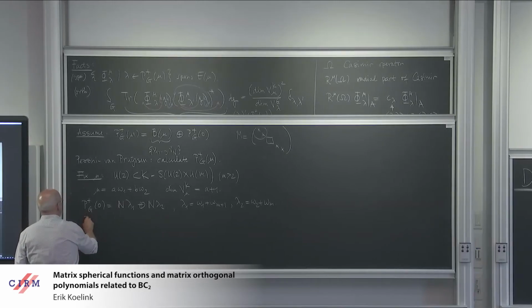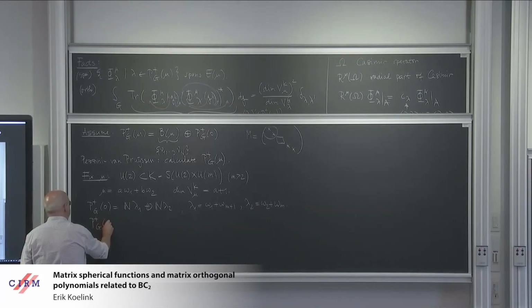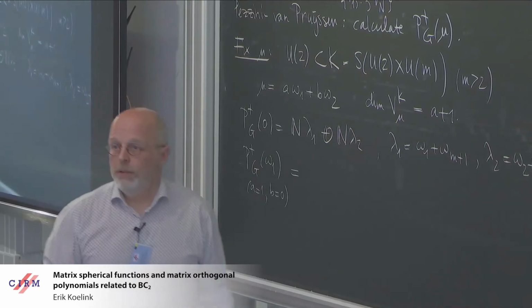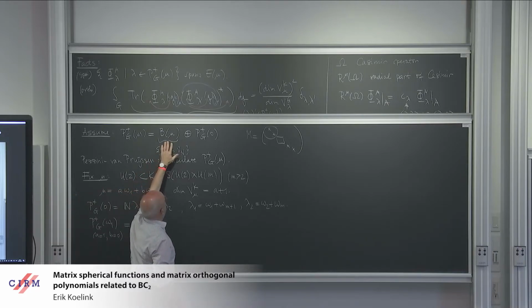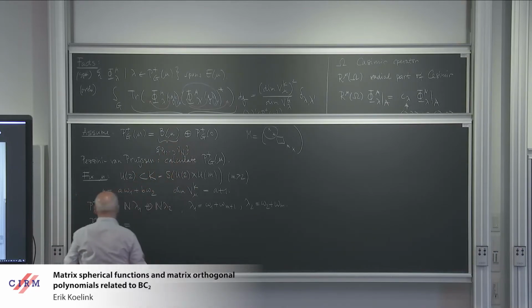And now, for instance, let's take, if I now take mu to be omega 1, so I take the case A equals 1, B equals 0. So what you then do is you apply the machinery of Pezzini-Van Pruijsen. Yeah, so you know a priori already that this structure occurs. Then this is going to be, indeed, you can check that this is the case. And you can actually calculate B omega 1.